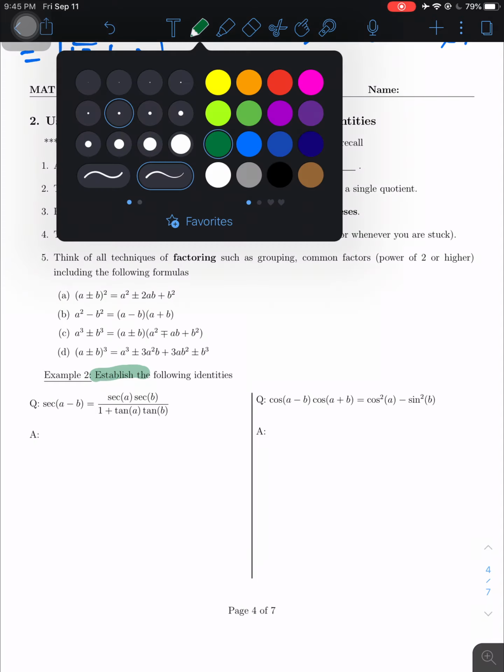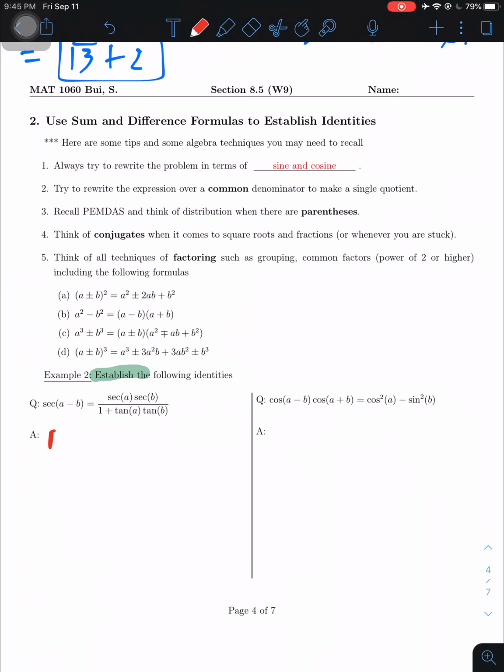So for my part, I'm gonna go for the right hand side because it looks like something I don't know how to do. So the right hand side in here, I'm gonna copy it down, and it looks like secant of A, secant of B, divided by 1 plus tangent of A, tangent of B. My very first instinct is to put everything back in terms of sine and cosine.